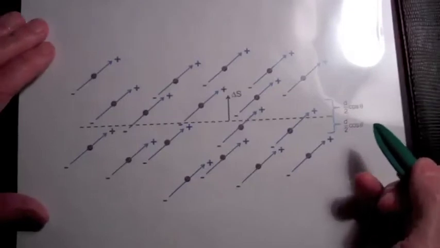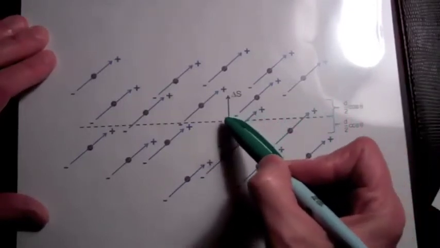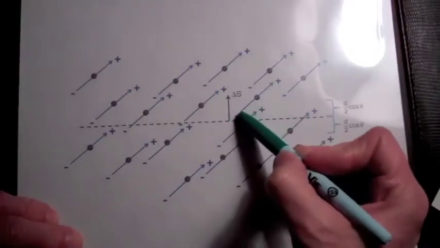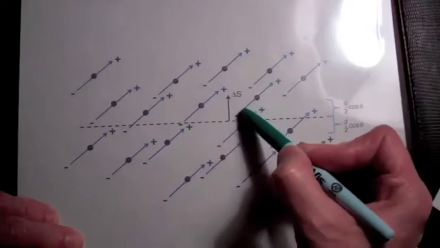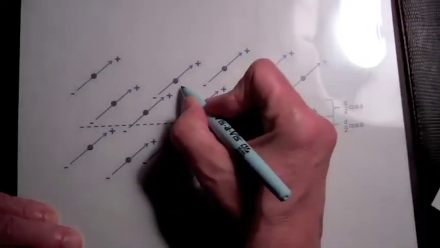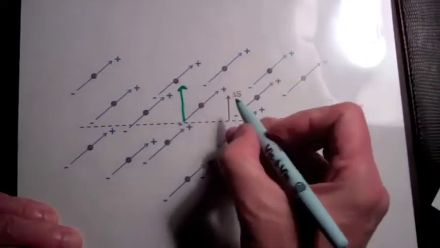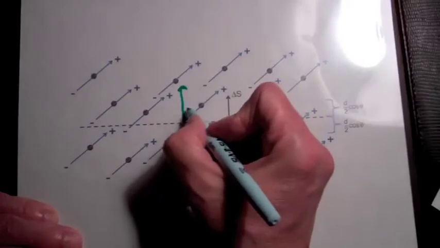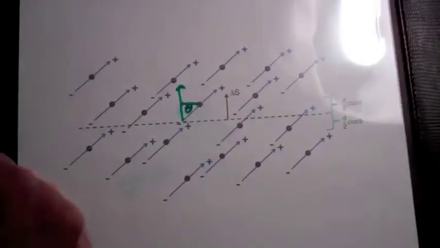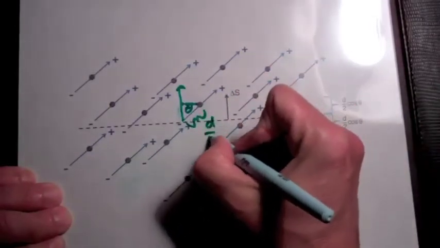Now let's look at the situation where our electric field is at some angle with our differential surface element. So the electric field direction will be the same as the direction of these dipoles. So the angle then between the surface element and the electric field, theta, is shown right here. So this distance right here is d over 2.